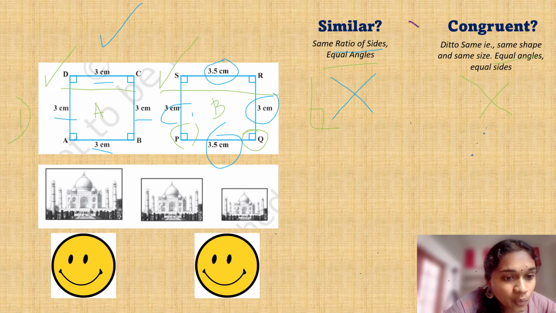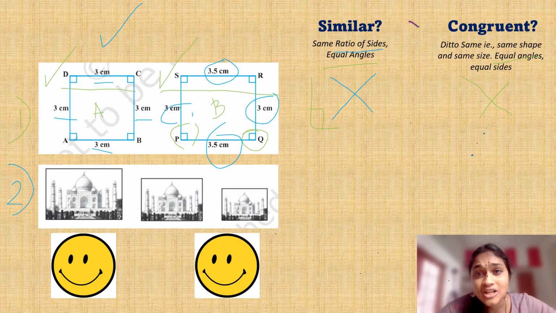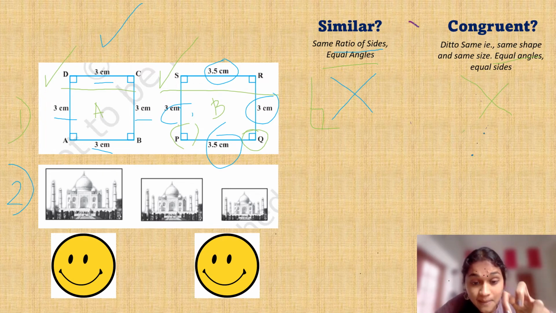Let's look at the second one, Taj Mahals. I love Taj Mahal, I've never been to it, but let's look at these figures. They are all actually resized. Someone has just taken the figure and resized it to a smaller figure. They have not changed the ratio of the sides, because the length of the sides seems to have changed in the same fashion.